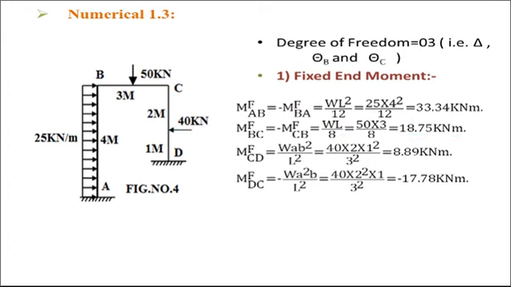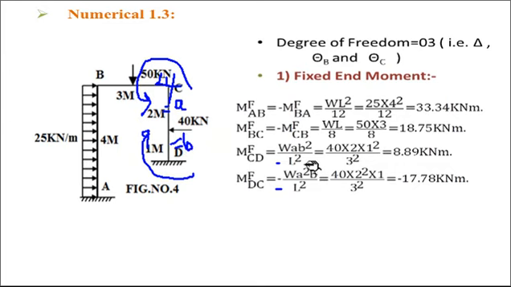Now vertical column CD. Again consider C as fixed, D is already fixed. So the moment created at C and the moment created at D you have to find out. At C it is anticlockwise, so it is positive, and at D it is negative. The formula: 3 meter, let's consider small a, and 1 meter, let's consider small b.